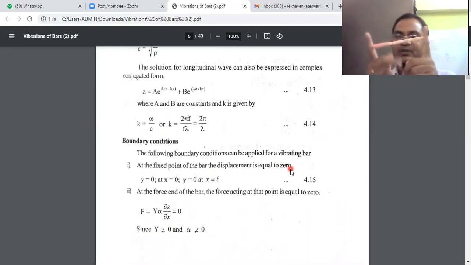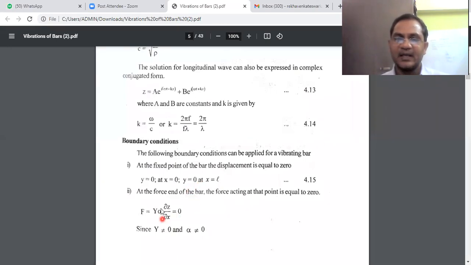The first position is x equal to 0, and the second position is x equal to L. At the fixed end, because the particles cannot vibrate freely, the particle displacement is 0. Hence z is equal to 0 at x equal to 0, and at x equal to L also, z is equal to 0.